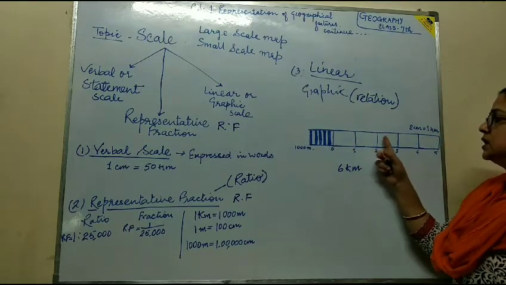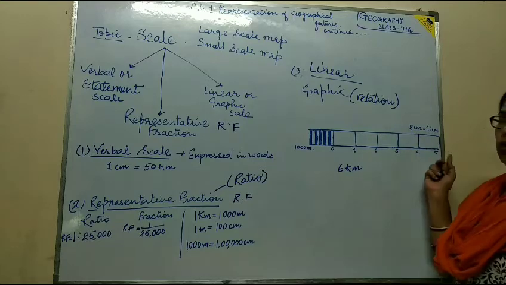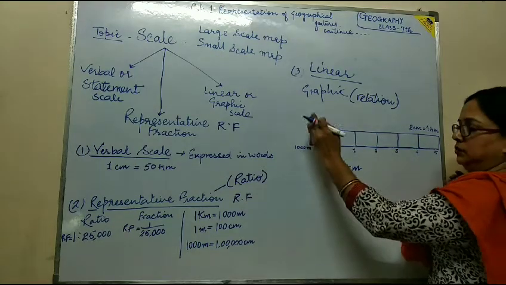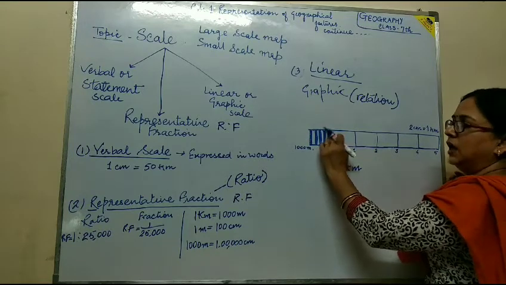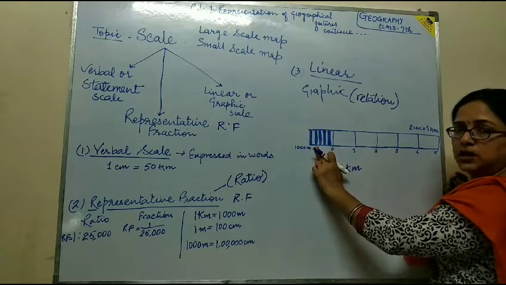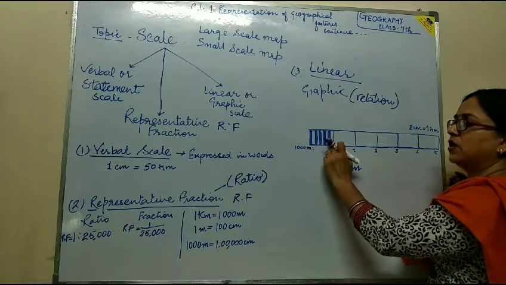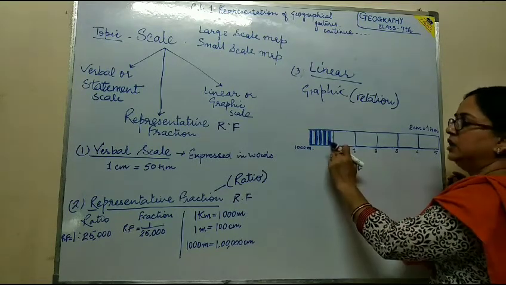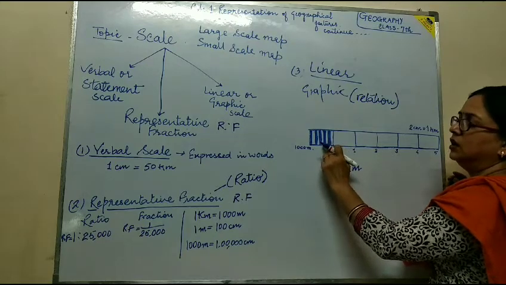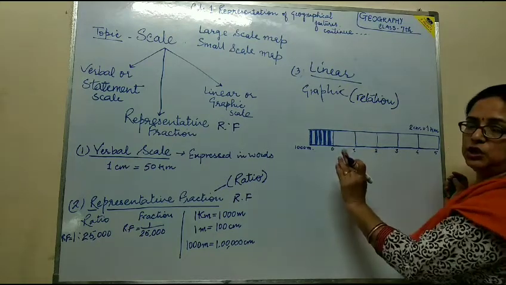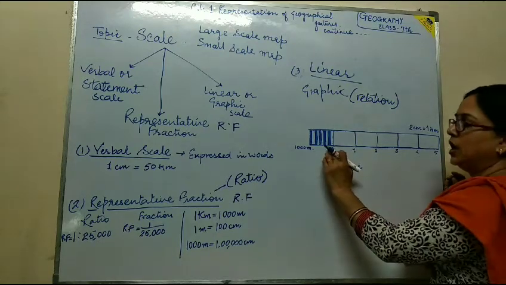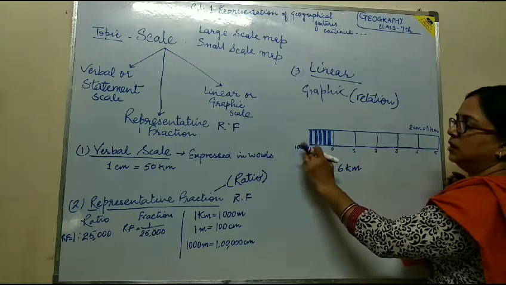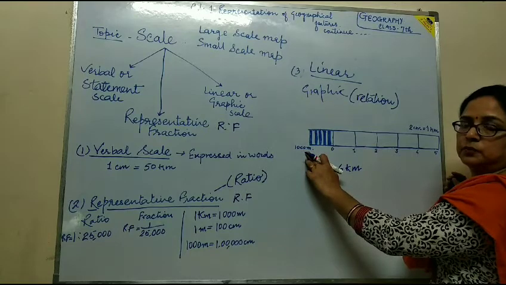So here it is representing 5 kilometers. To the left of the 0 we can see again a distance of 2 centimeters, but it is divided into 10 equal compartments, each having a distance of 100 meters. So again this 2 centimeters is representing 1000 meters.